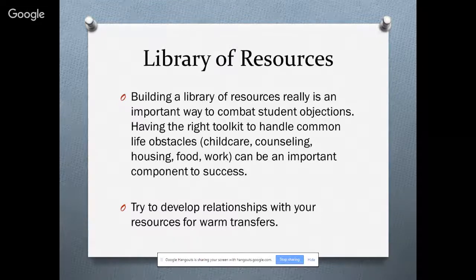I've worked with them before, they're very reliable. That can make the difference. And just not sending them to a website blindly to utilize a resource, being able to warm transfer them can make a big difference.